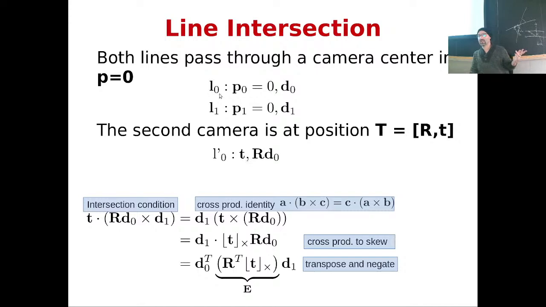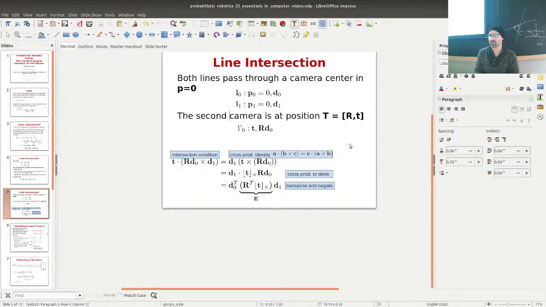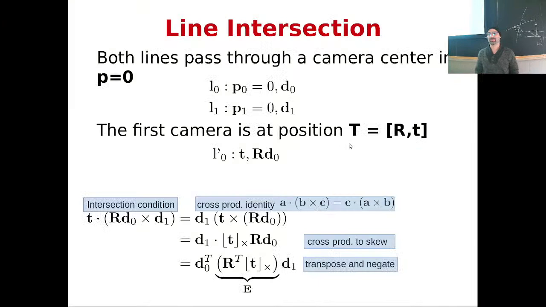Or actually, yeah, it should be the first camera. The first camera is at position first. Better, because we moved the first line, right? It's not the second. We are applying the transform to the first line, not to the second line. Yes, Francesco. Okay.